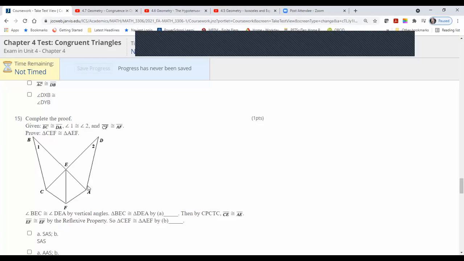So what did you get? And then you need to prove CEF congruent with AEF. Okay. I think you have this one is congruent, right? And what else?